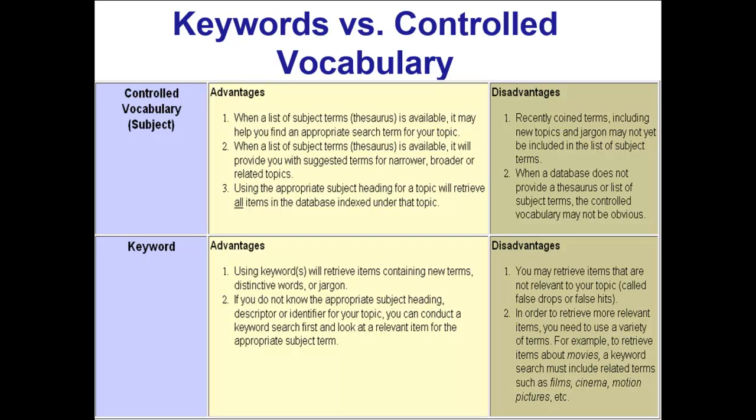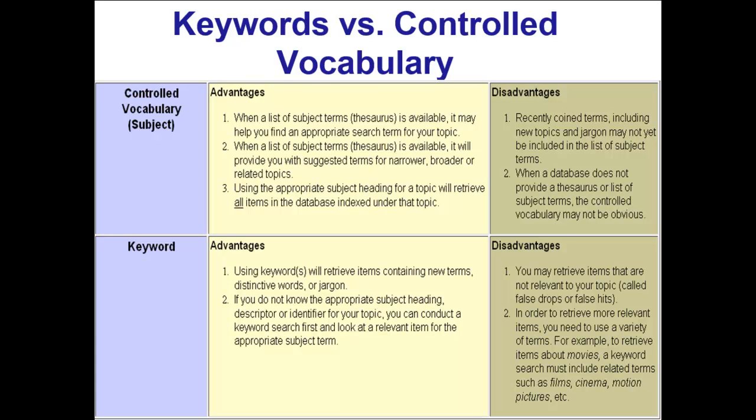The disadvantage about controlled vocabulary is that recently coined terms will not be included in the list of subject terms just yet. And also, if the database does not provide its own list of subject terms in a separate search feature on the database or a thesaurus, sometimes the controlled vocabulary may not be obvious.